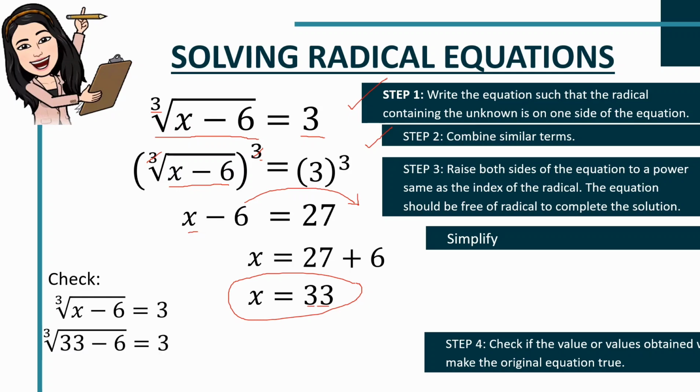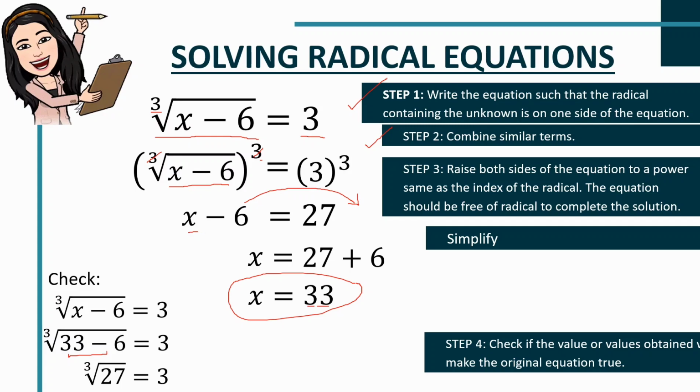So this will become cube root of, ang x natin ay 33, napalitan ng 33 minus 6 is equal to 3. 33 minus 6, we have 27. And cube root of 27, saan po galing si 27? Ito po, sinimplify na. Ito. So, we have 33 minus 6, we have 27.